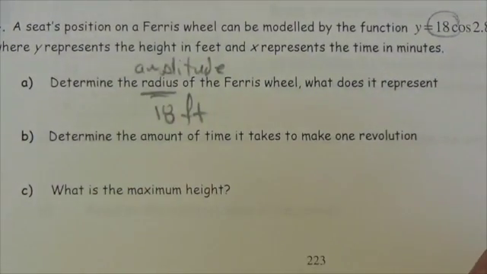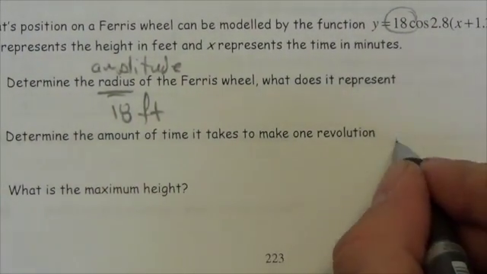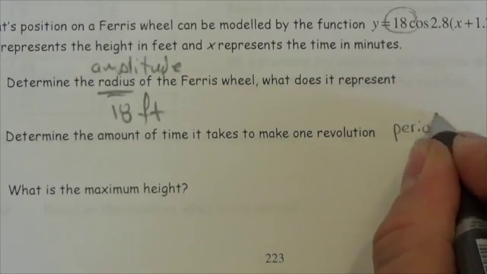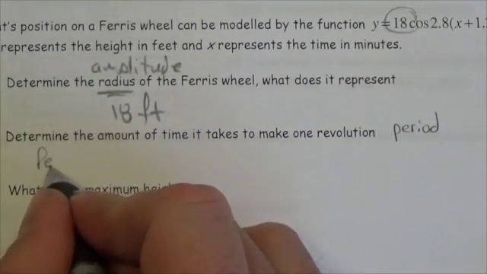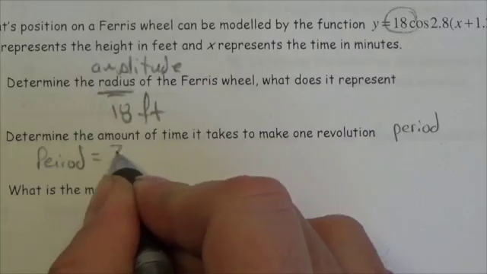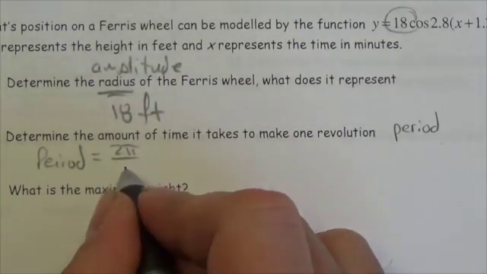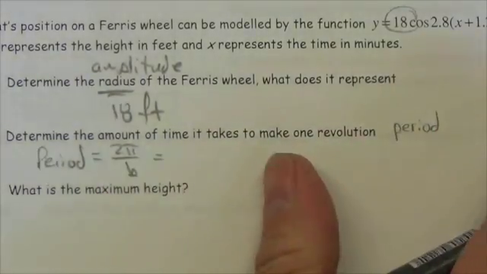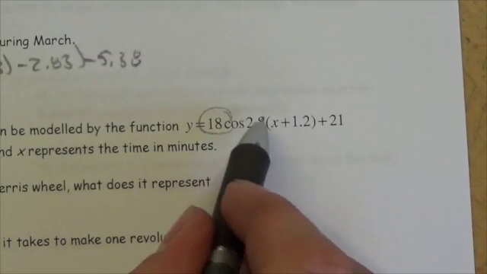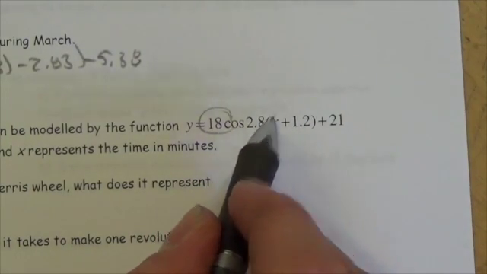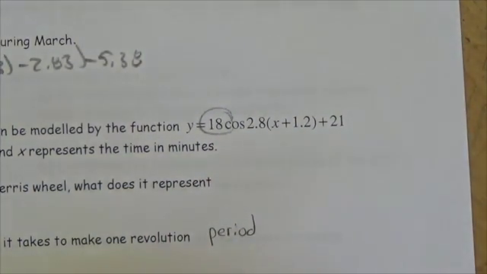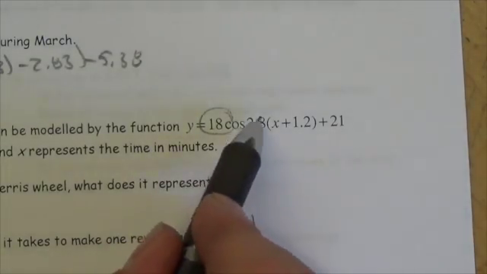Next question says determine the amount of time it takes to make one revolution. Well, that's what a period is. And so the period is going to be 2 pi, because we're in radians, divided by b. In this case, the b value, which is the coefficient of the x, the independent variable, is 2.8.